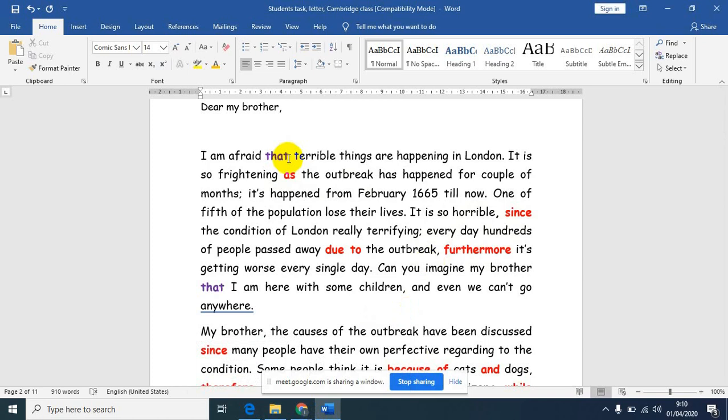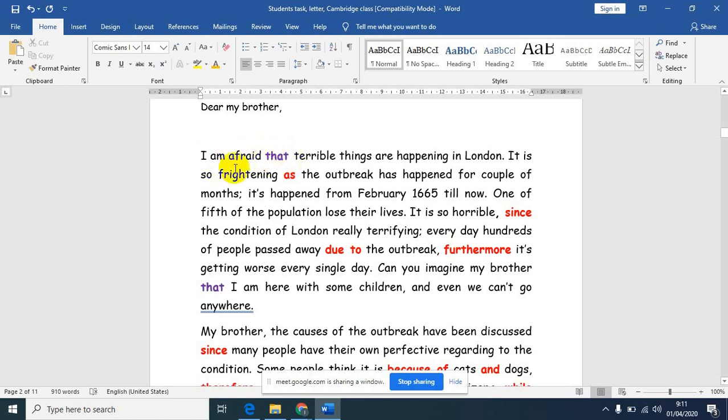Sorry, I'm afraid that terrible things are happening in London. Is it a linking device? I don't think so. What do you think? It's not a linking device. It is a noun clause.